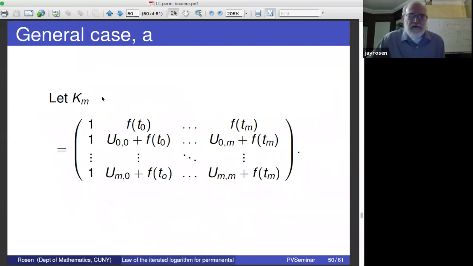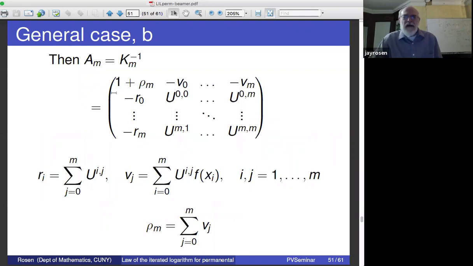Here's a general case. I have my original U. I take at particular points the U corresponding to my original symmetric matrix, and I perturb it by some F. And one can show that this automatically has an inverse that is an M matrix. Well, I made it look like an M matrix, but are the V's non-negative? Let me explain why it has to be, and this is why we take F to be an excessive function of potential.